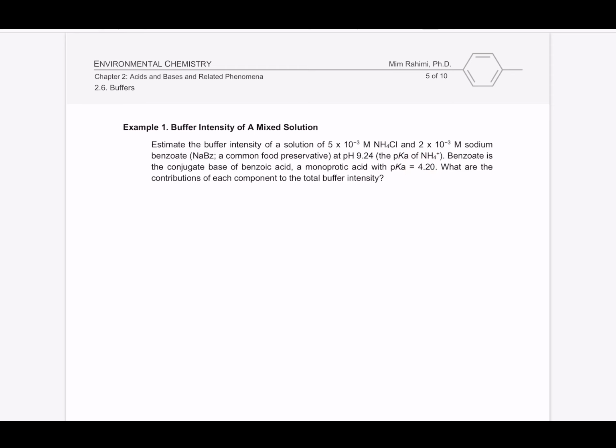So we have a contribution of buffer intensity related to water, related to the ammonia system, and also related to the benzoate system. Combining all together would be the overall contribution of beta. To expand it a little bit, once we have ammonium chloride, it fully dissociates to ammonium plus Cl minus, and the total ammonium would be the overall we added.